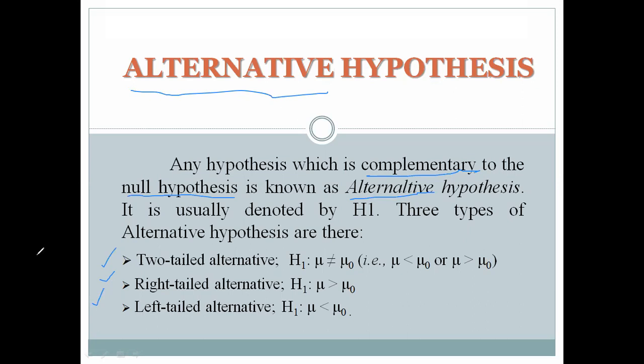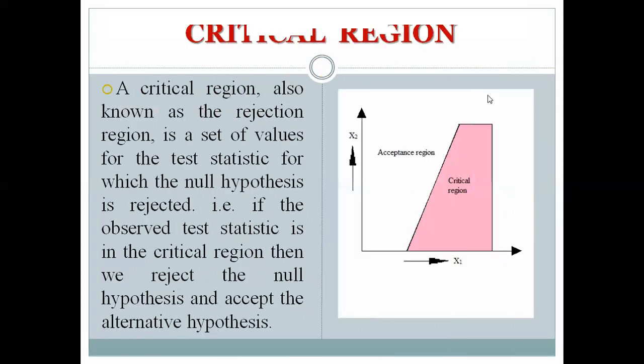Now we'll see the next one, the critical region. A critical region is a region in a critical condition, also known as the rejection region.